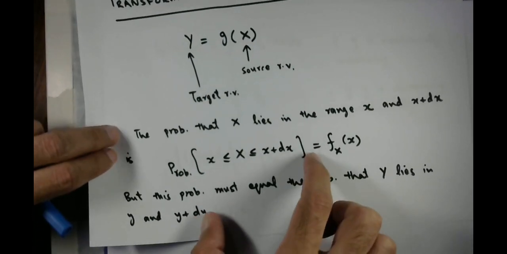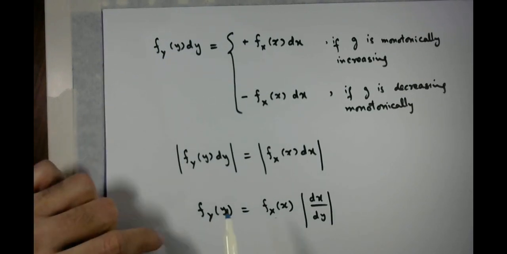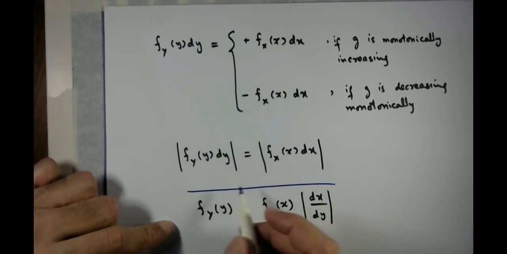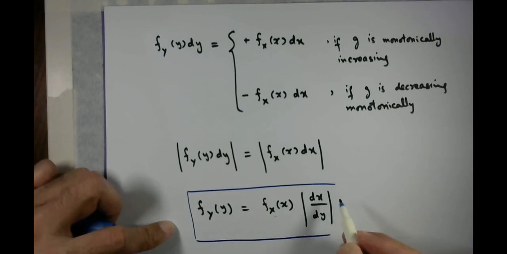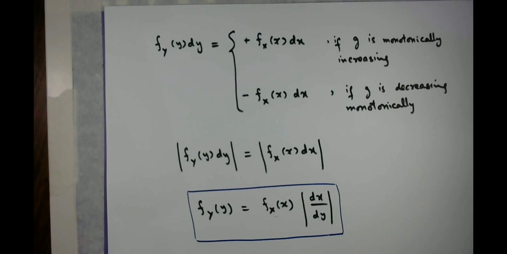So by using these basic definitions, we have been able to write this expression. This is an important expression because this is how we transform a random variable x into random variable y, and obviously then random variable y can also be transformed into random variable x. So please keep this relation in mind.